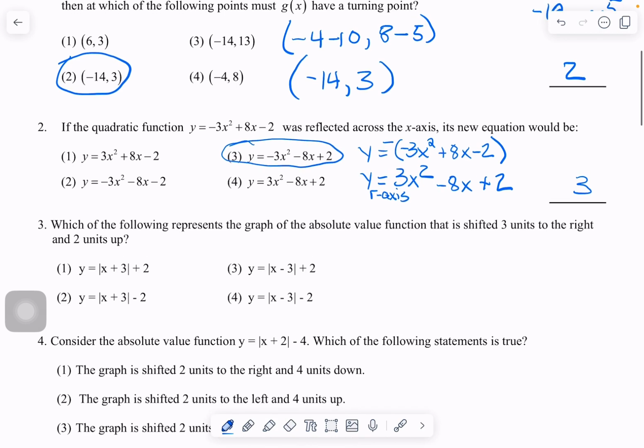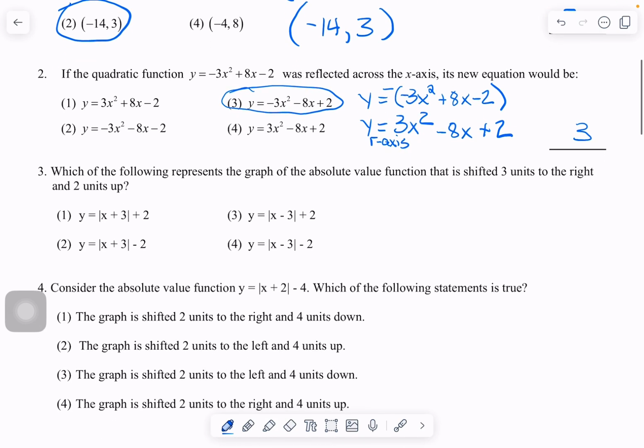Okay, and now let's look at an absolute value equation. The regular function, or they call it the parent function, with no shift, is y equals the absolute value of x, right? So that looks like this with the vertex at the origin. And now we have a shift 3 units to the right.